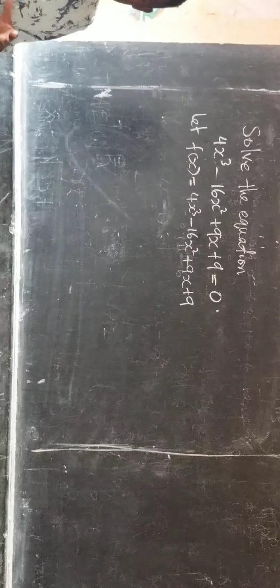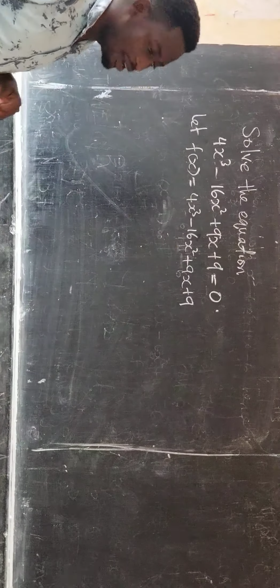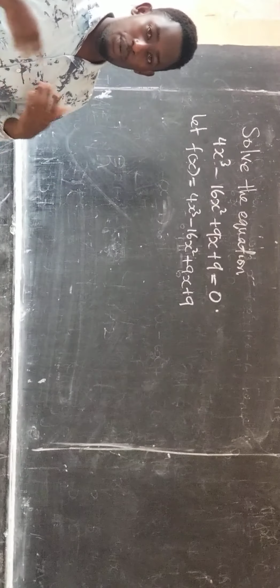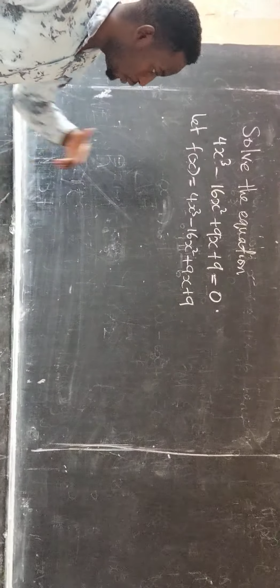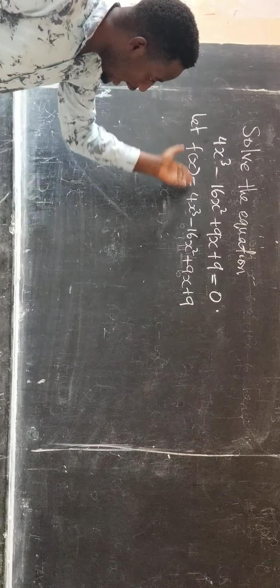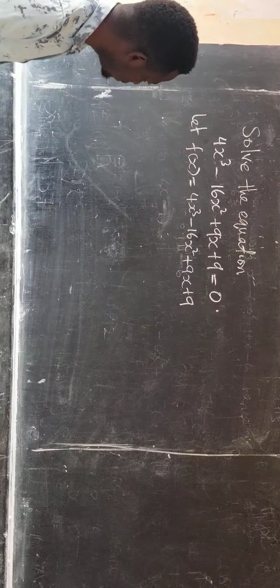You start guessing from the factors of that number. For example, here, the number we have is 9, whose factors are 1 and 3. So we are going to start our guessing from either 1 or 3 to see if any of them can solve the equation or take this to 0.